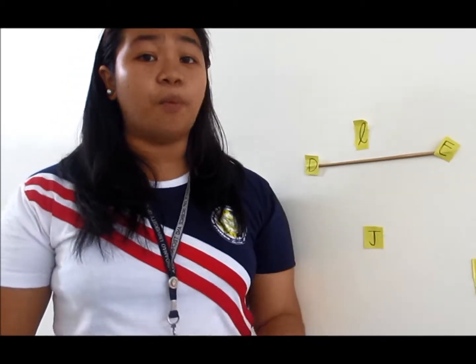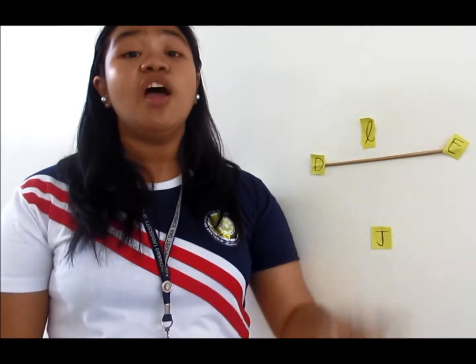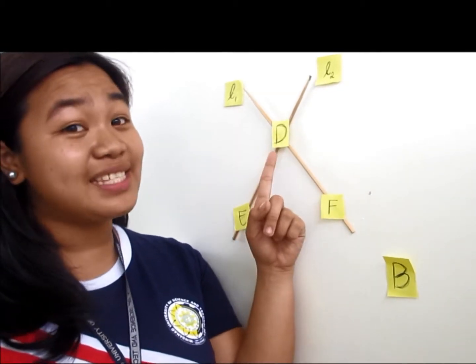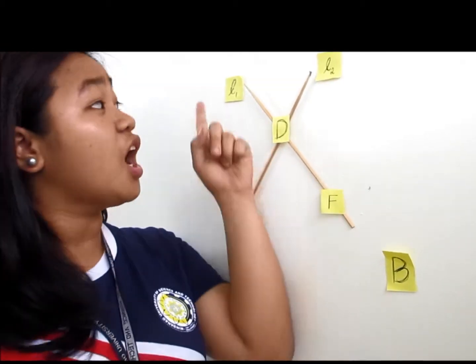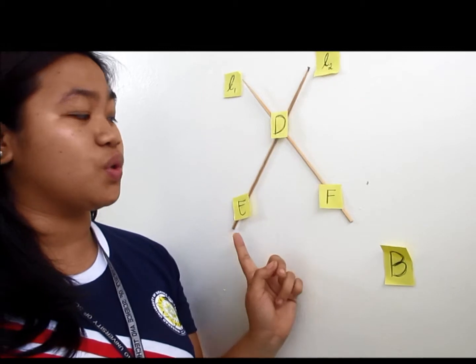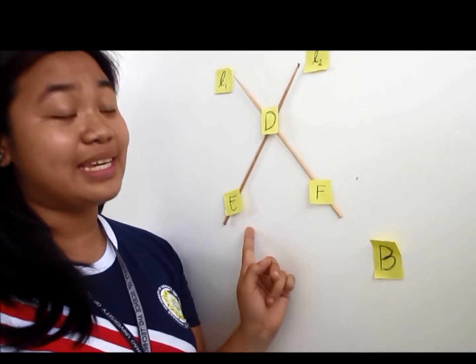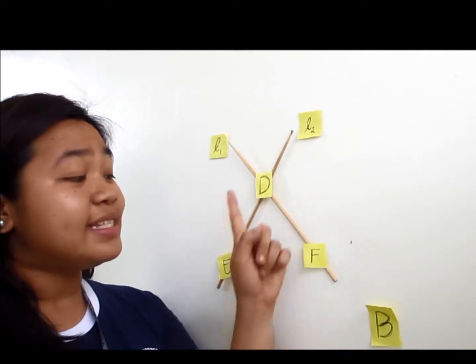And this is supported by Axiom 2, which says that through 3 non-collinear points, one and only one plane can be passed. A plane can be determined by two intersecting lines. Let's see this illustration. Point D is the intersection of line 1 and line 2. Point F lies on line 1 and point E lies on line 2.